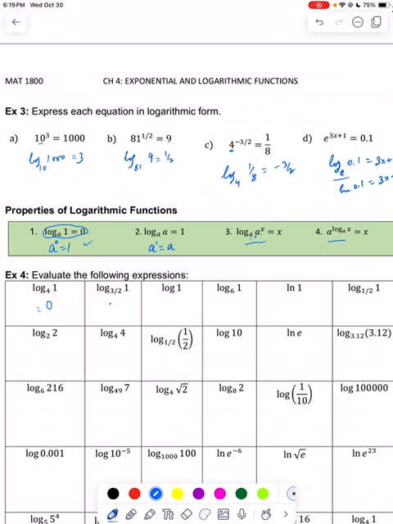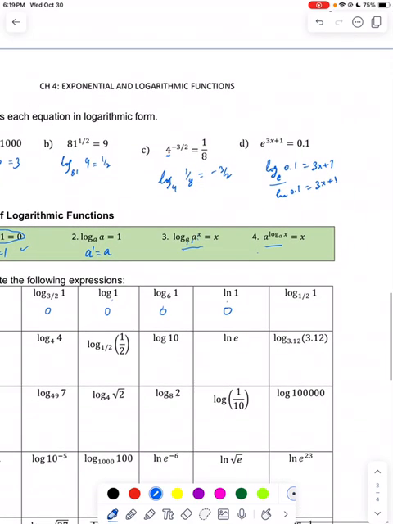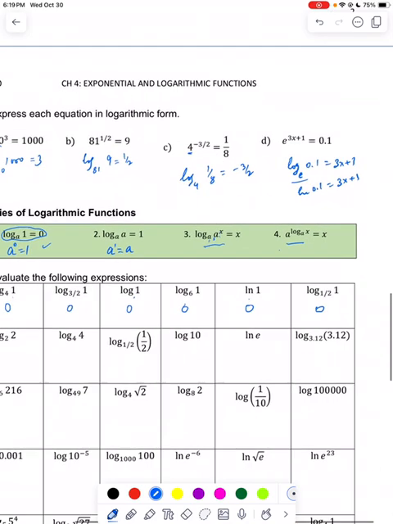Log of 1 to the base, what is the base here? No base means base is 10. So this is 0. Log of 1 to the base 6, 0. What is this one? ln of 1. This is log of 1 to the base e. Answer is 0. Log of 1 to the base 1 half, 0. So log of 1 to any base is 0.